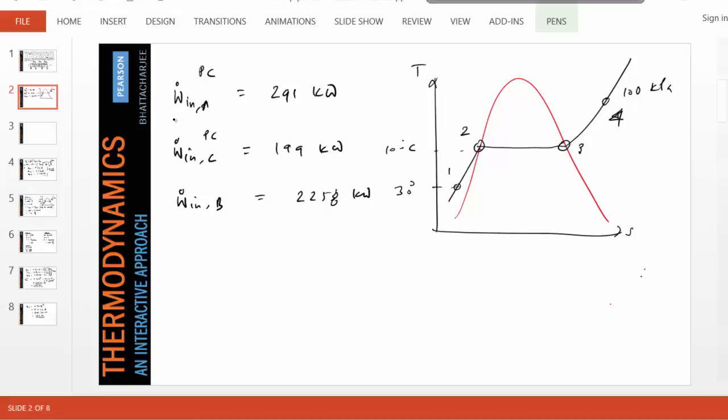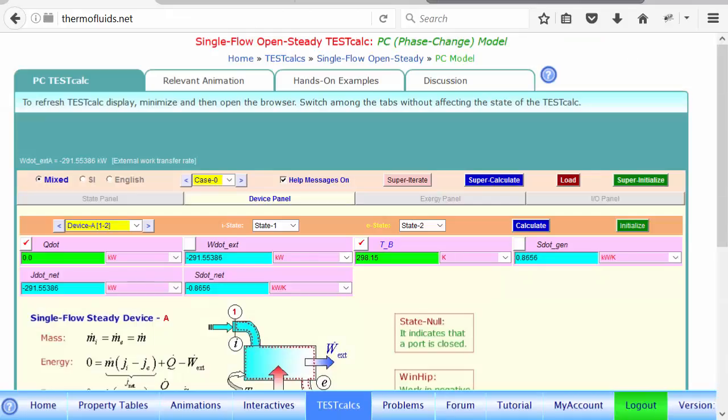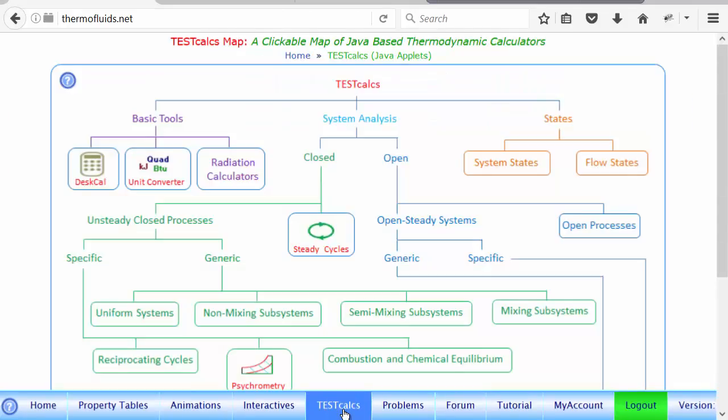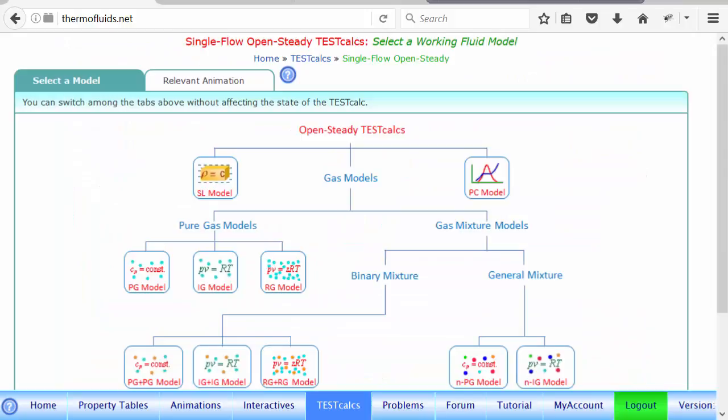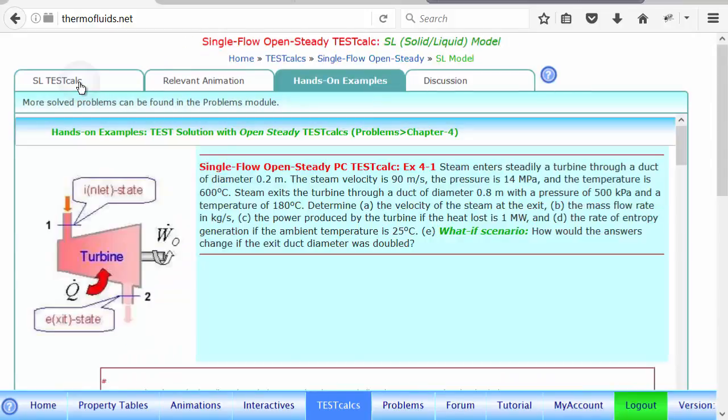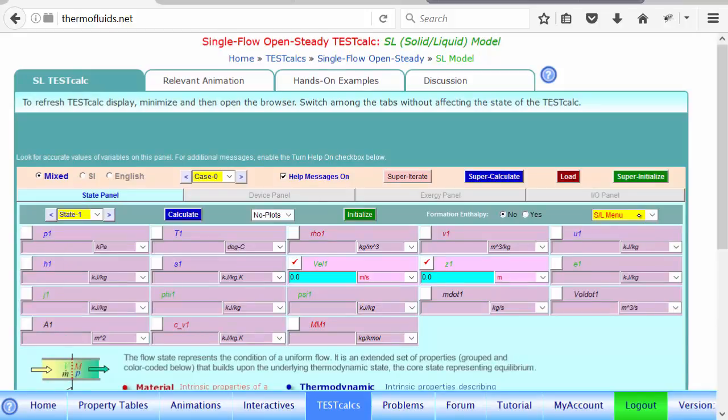Now we are going to repeat this with different models. So our goal is to find W dot in A if we use the SL model. So for that, we go there and launch the model. Again, we go to the same destination, single flow systems, and this time launch the SL model for the first section. And we select liquid water as our working fluid.